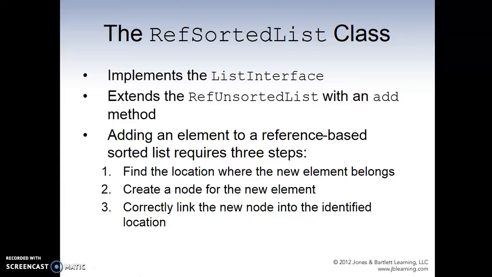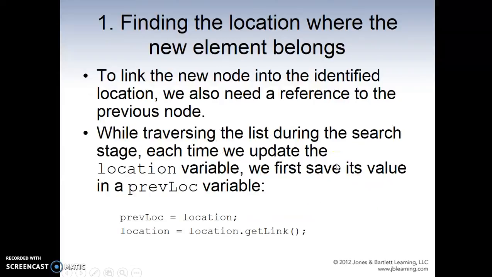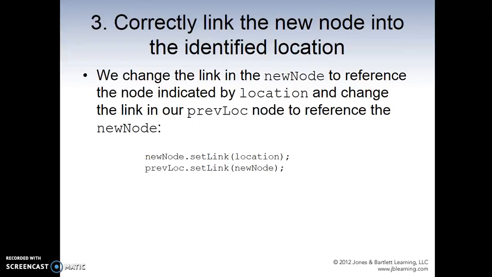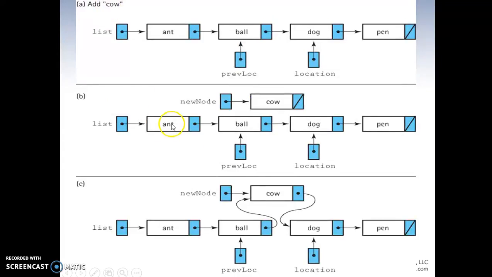Now, how about if we want to do a sorted list? So, for the sorted list, let's look at the picture here. It has to be ordered, right? So, we want to insert count. We have to iterate through the list. We found it.